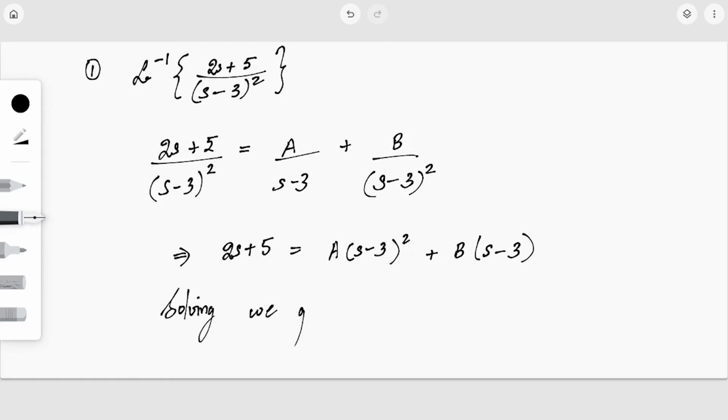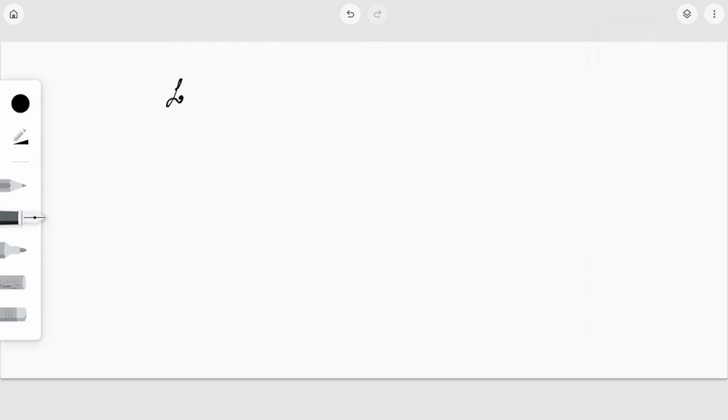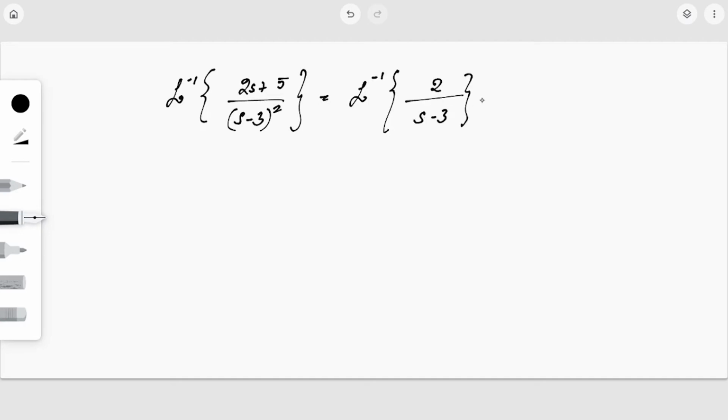We get a is equal to 2 and b is equal to 11. Okay, so the inverse Laplace transform of 2s plus 5 by s minus 3 whole square is the same as the inverse Laplace transform of 2 by s minus 3 plus, since Laplace is linear, so you can directly apply this, 11 by s minus 3 whole square, right?